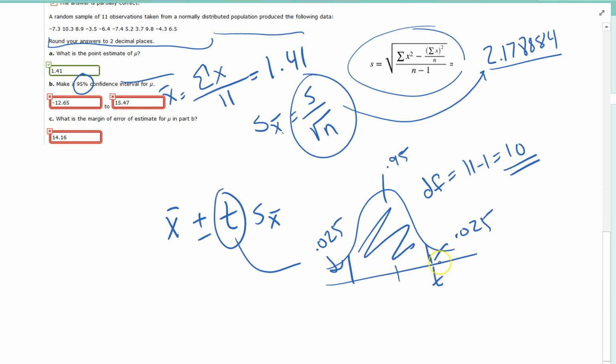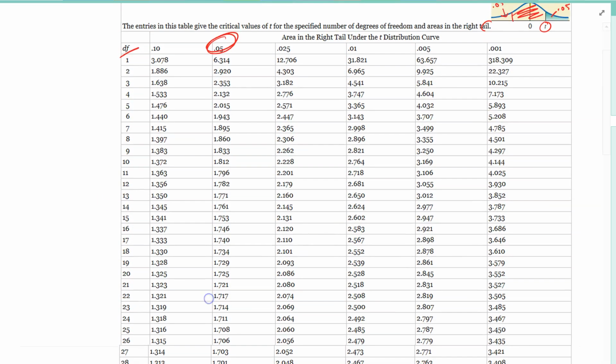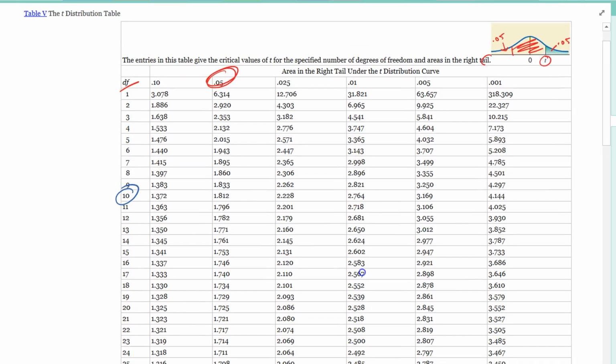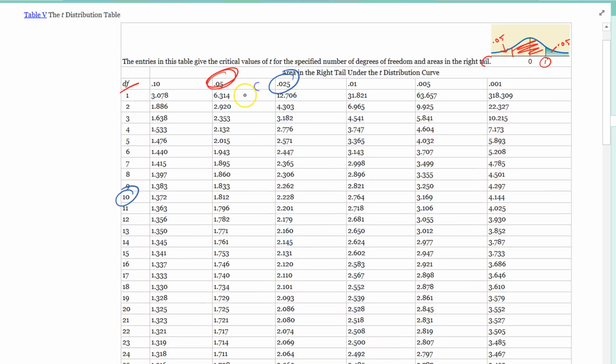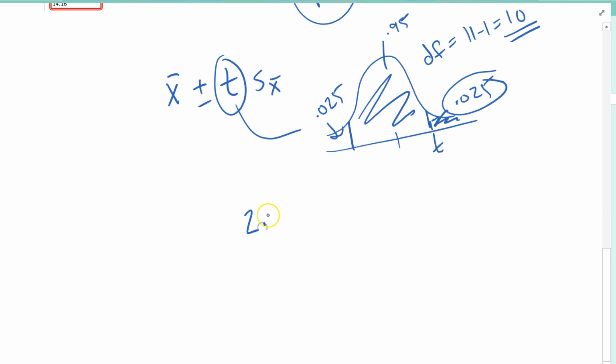So I'm looking for a t value that gives me 0.025. So go to the t table. I'm looking for the degrees of freedom of 10 and 0.025, and that gives me 2.228. So t would be 2.228.